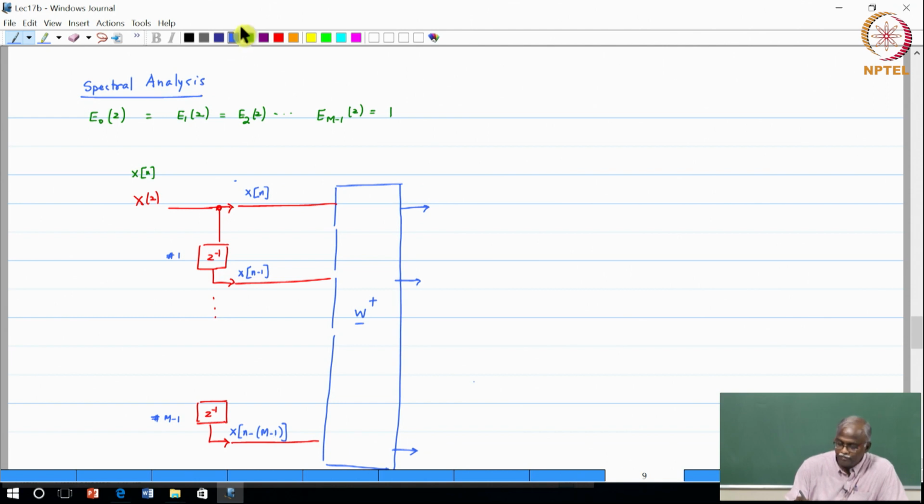I am going to give them some new labels just for convenience of working with these signals. Let us call this S naught of n, that is the top branch, the second branch is S1 of n, they are just delayed versions, but for convenience we are writing them this way, up to S of m minus 1 of n. Okay, and you have the IDFT matrix and you have the outputs.